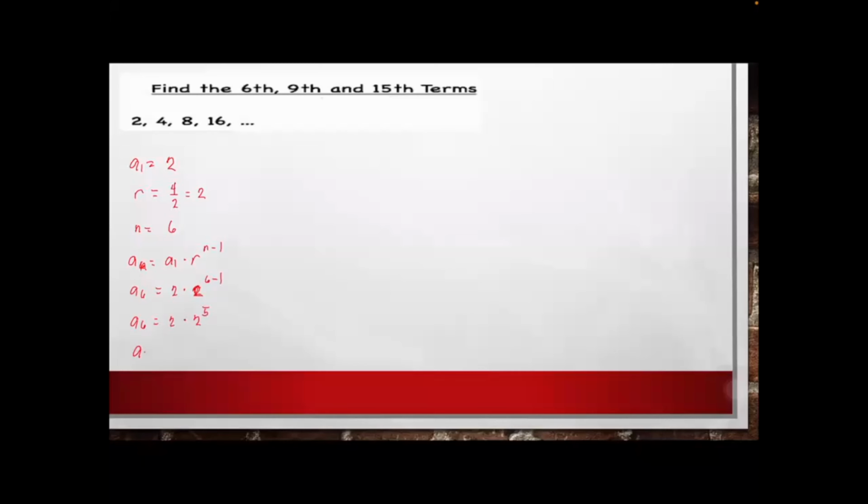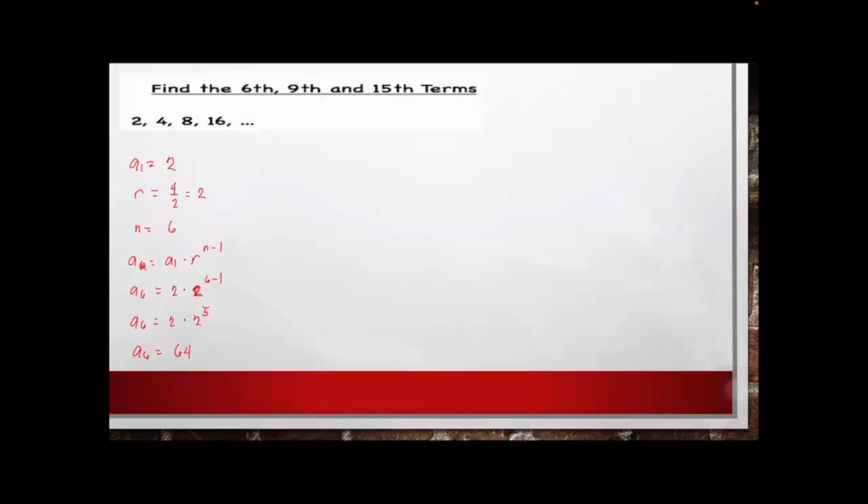So therefore, your a sub 6 is equal to, what is 2 times 2 to the 5? Aside from Cyril. Yes, Magbalay. 64. So we have 64 as the answer.